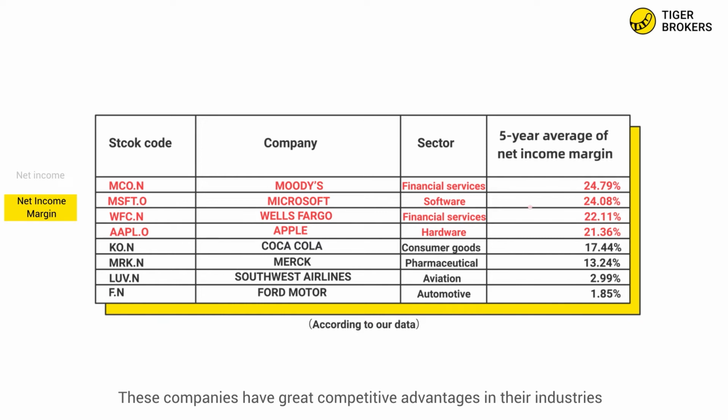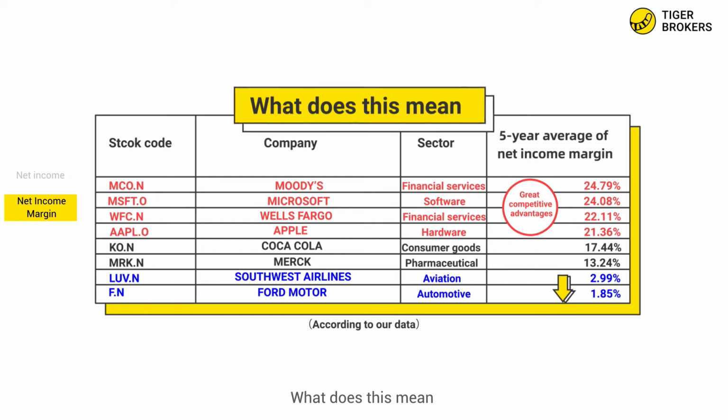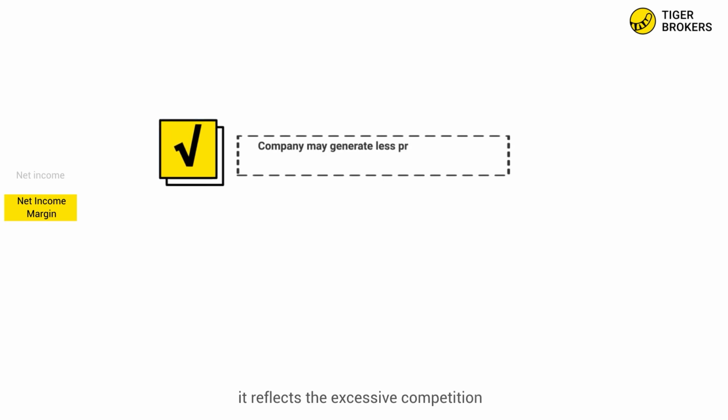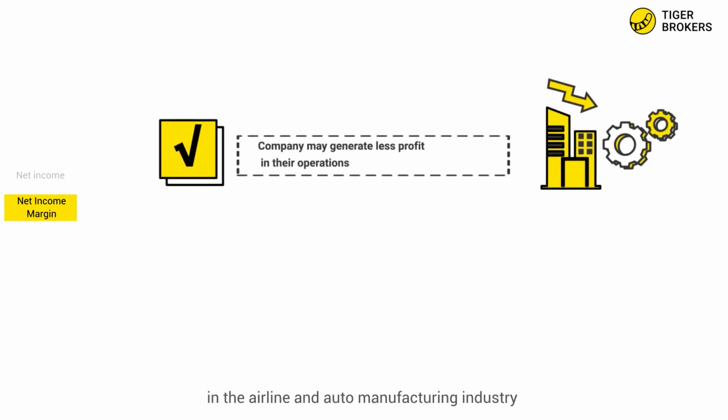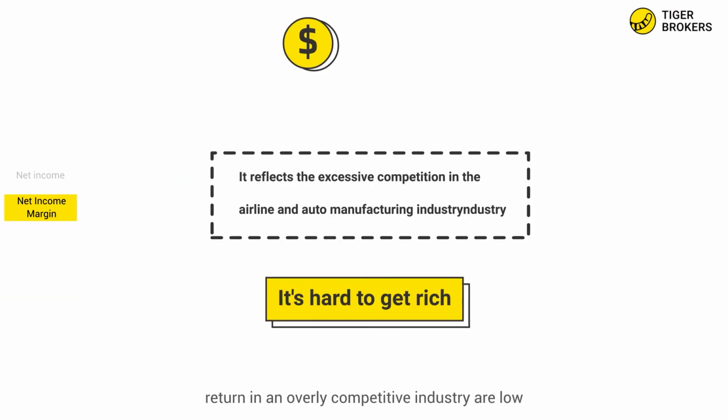These companies have great competitive advantages in their industries. You have probably noticed that Southwest Airlines and Ford Motors have relatively low net income margins. What does this mean? On the one hand, company may generate less profit in their operations. On the other hand, it reflects the excessive competition in the airline and auto manufacturing industry. The chances of an investor to make good investment return in an overly competitive industry are low.